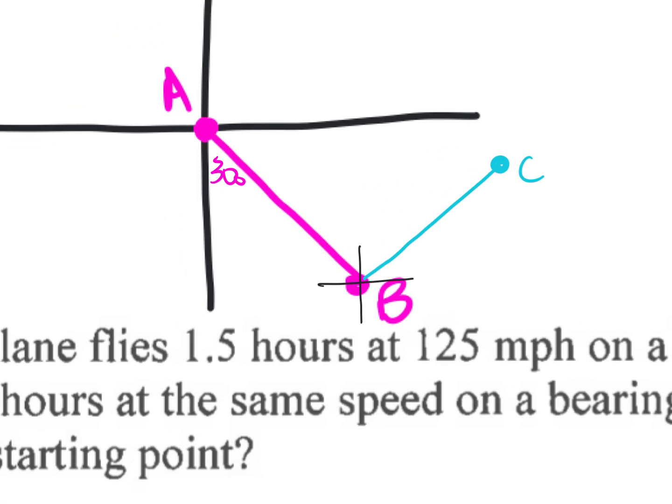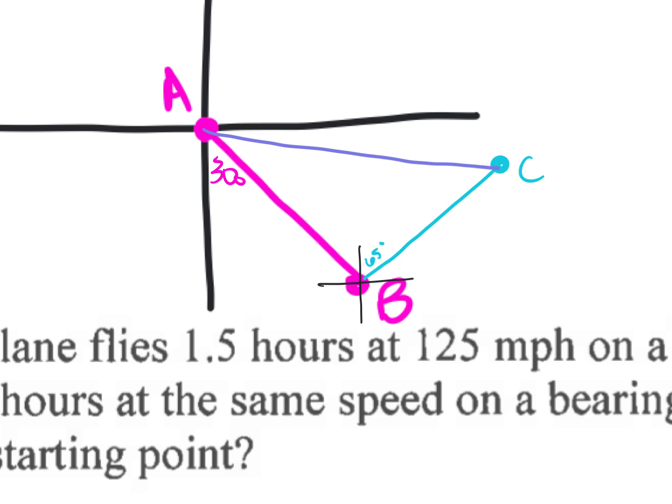It's inside, but it's this little piece right here. It is not the entire interior angle, is it? No. Because that bearing is from north toward the east. It doesn't give me both pieces, right? Now, what does the question want to know? How far is it from A to C? Okay, so there's my completed triangle.